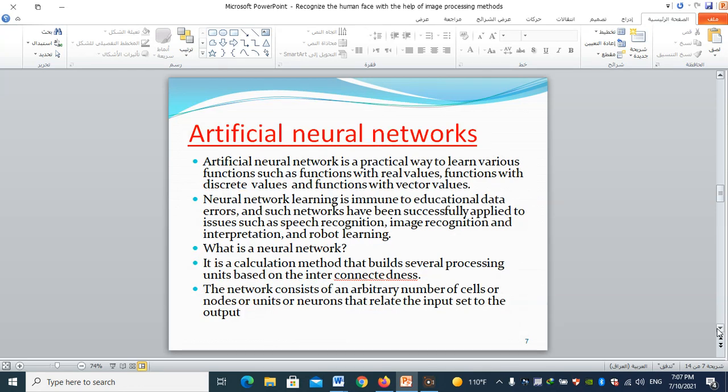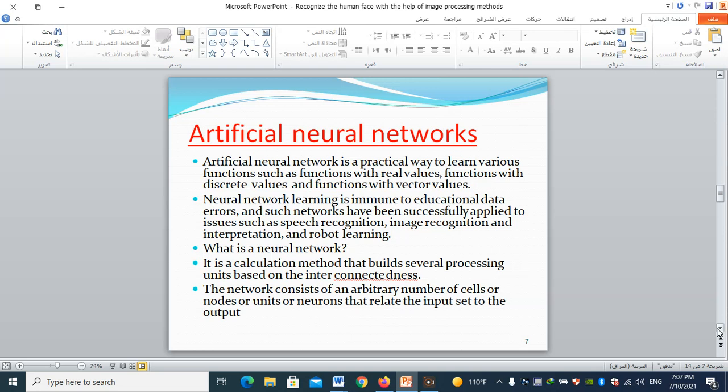Artificial neural networks. Artificial neural networks are a practical way to learn various functions, such as real-valued functions, discrete-valued functions, and vector-valued functions.